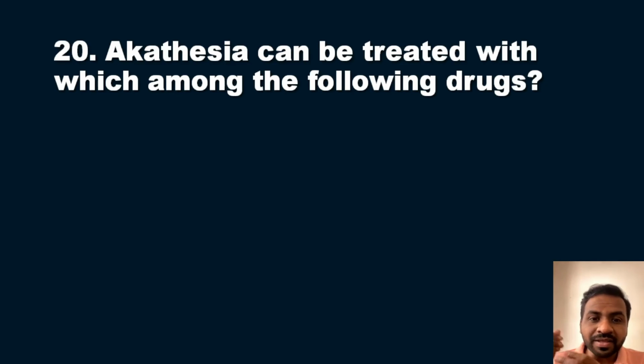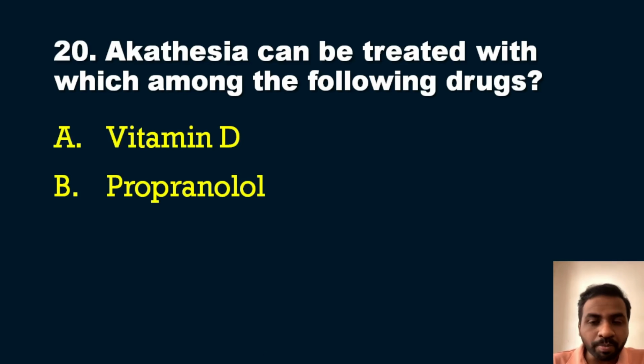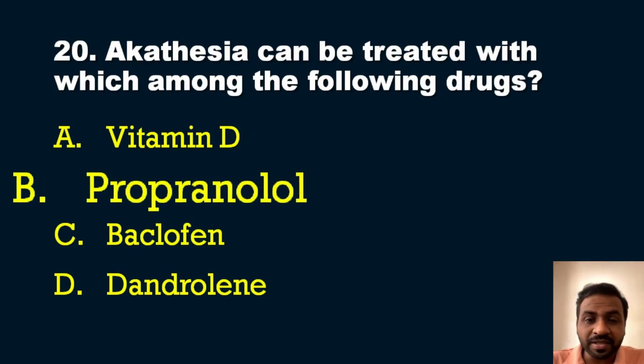So if akathisia comes, how can we treat it? The options are: option A, vitamin D; option B, propranolol; option C, baclofen; and option D, dantrolene. The answer is option number B, that is propranolol.